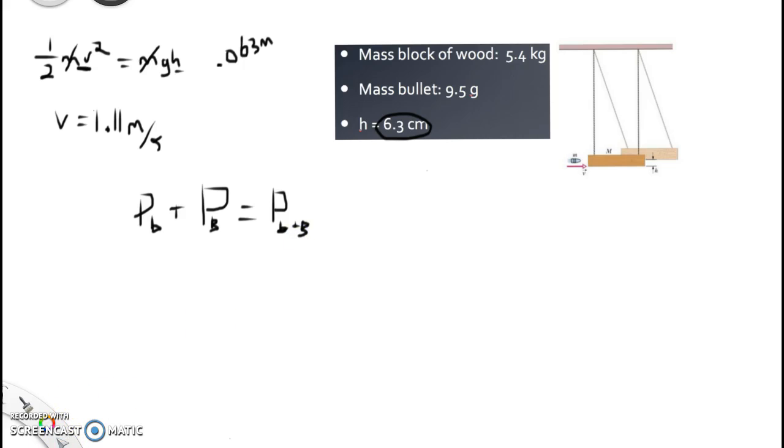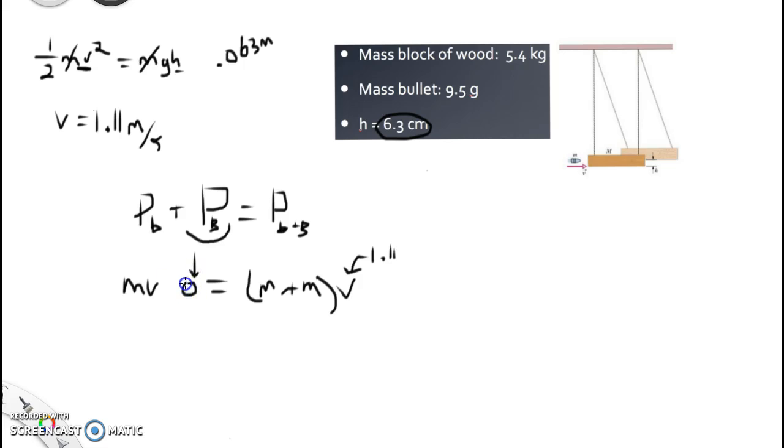For the bullet, it's just m times v, and for the bullet and the block together, it would be m plus M times the velocity of the bullet and the block together. This was 1.11 meters per second. And of course we ignore the momentum of the block initially, which is 0 because it's at rest.